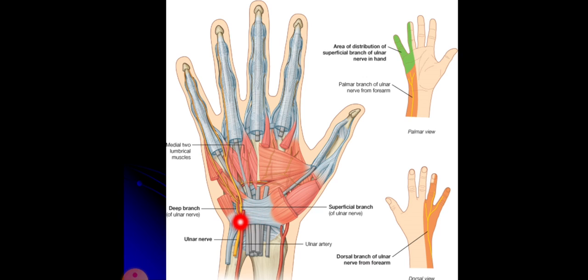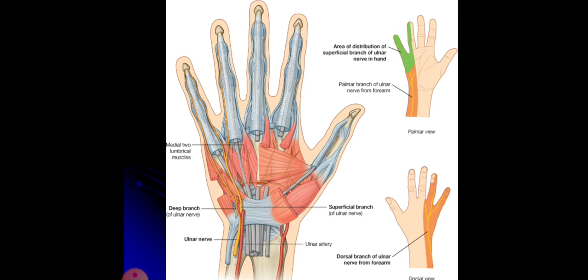Also in the forearm, it gives rise to the palmar branch that supplies the medial third of the palm of the hand, and then passes above the flexor retinaculum. And here in the hand it divides into two terminal branches, superficial and deep.